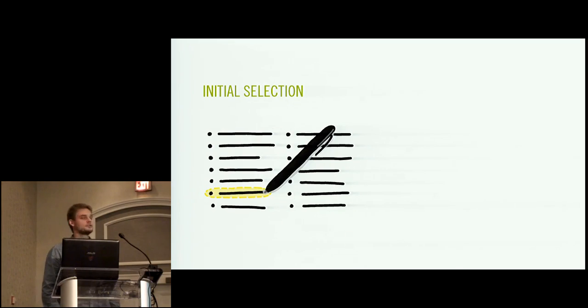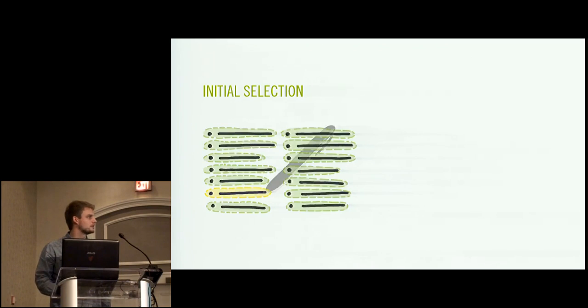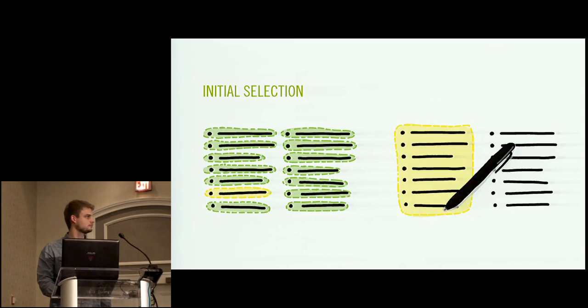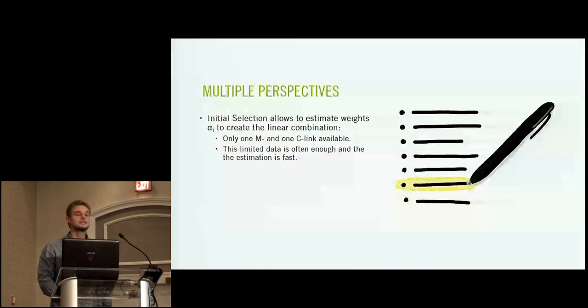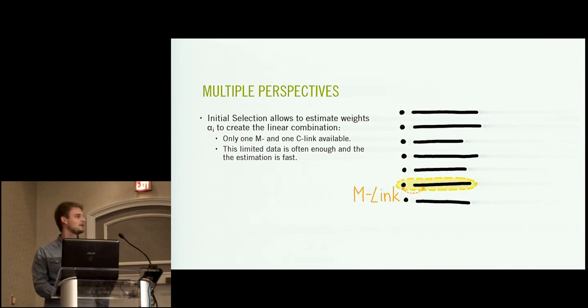It might be tricky, so we let the user make an initial selection. Based on the information of this initial selection, the algorithm estimates the parameters and makes the similar selections. And how does it work? Actually, this initial selection is an annotation with very limited information. Precisely, there is one M-link and one C-link.